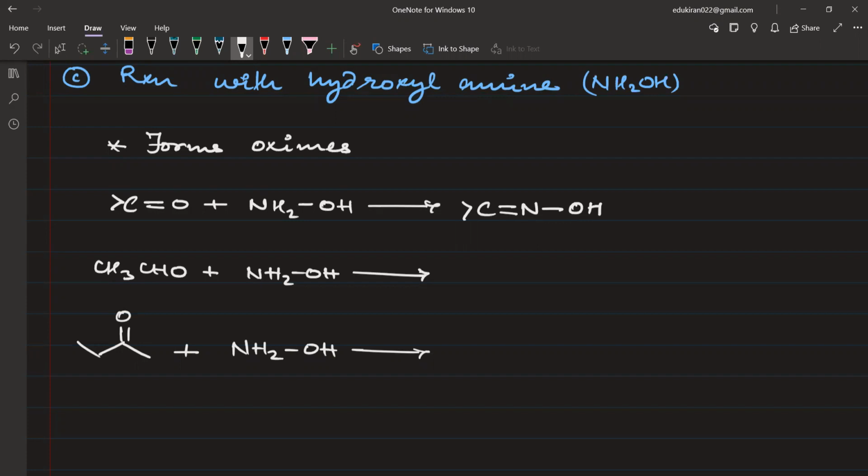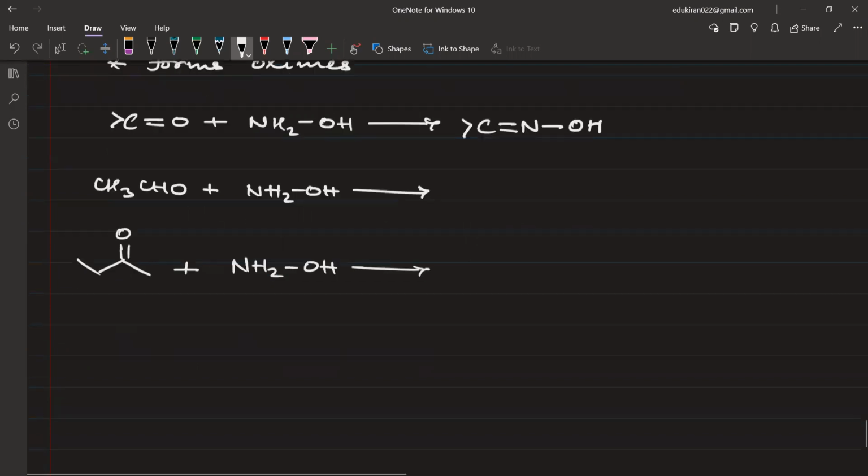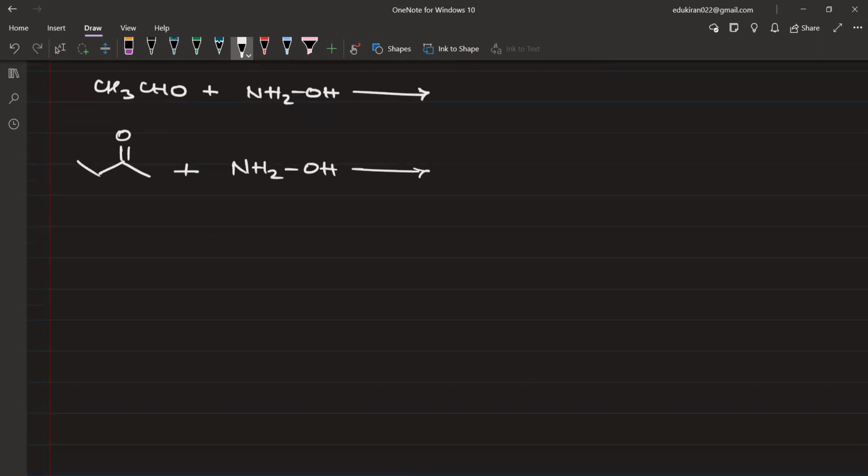So remember the structures: oxime, Schiff's base, imine. What are these structures? They can directly ask you to write an example for imine, Schiff's base, oxime. Then you will have hydrazone, then you will have phenylhydrazone, and so on. Right, next. D case.